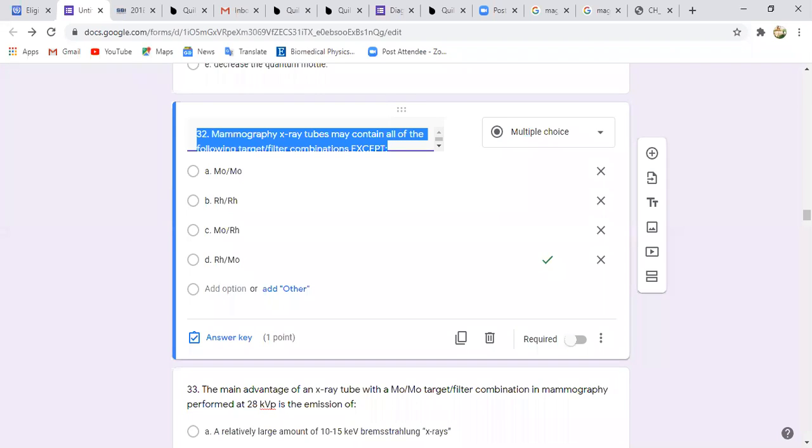If we are using a molybdenum filter, it will filter the low energy, and there will not be enough, and the target, that's the rhodium now, requires a higher one. So the rhodium target with molybdenum filter combination is not ideal, because molybdenum will filter away the low one.